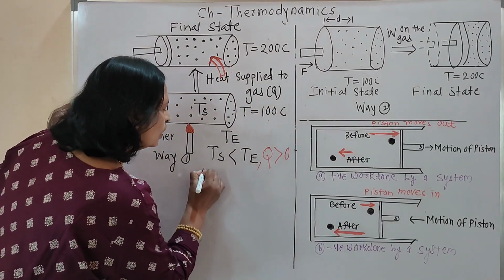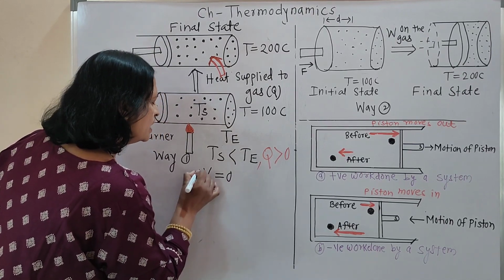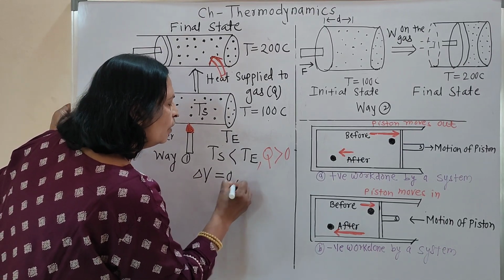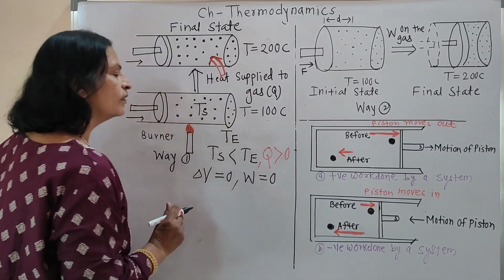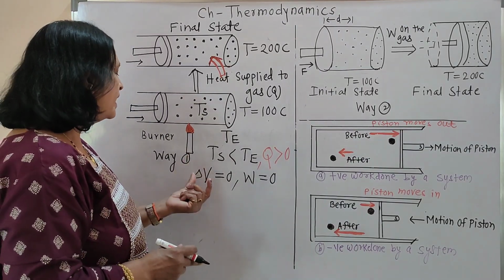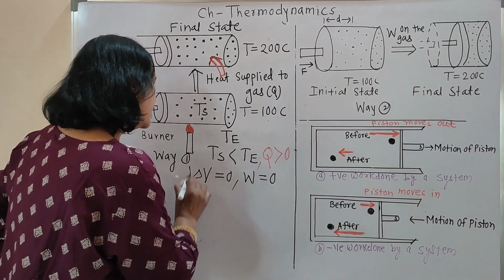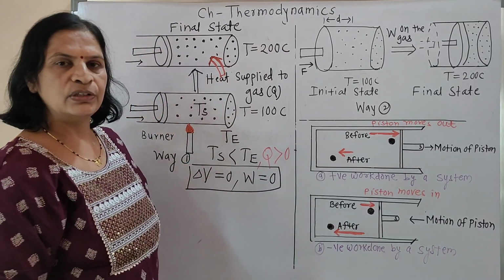When the volume of gas is constant, the change in volume is equal to 0, and at that time work done is always equal to 0. Always keep in mind that when change in volume is 0, work done is always 0.